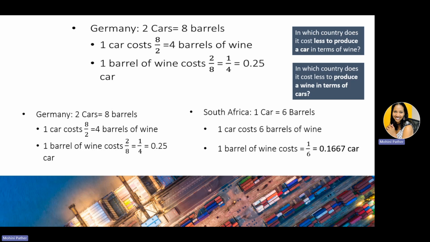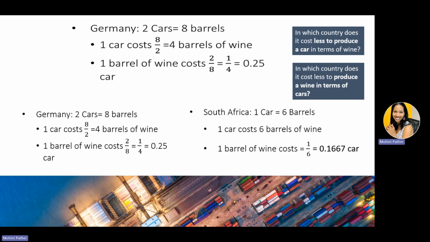They're choosing between the 2. So that means that 1 car costs them 4 barrels of wine, and 1 barrel of wine costs them a quarter of a car. Now, let me provide you with an alternate example.